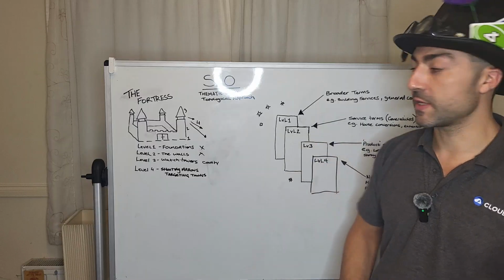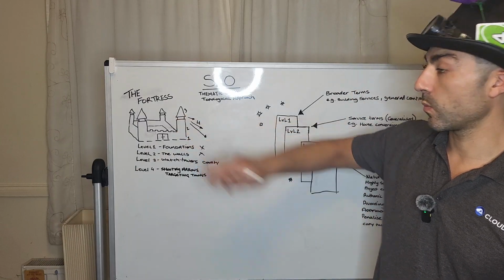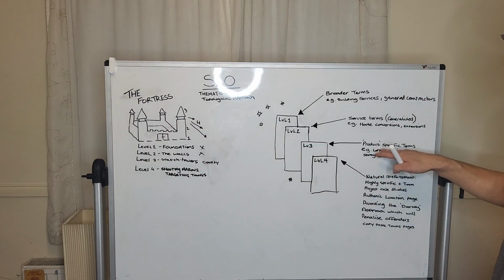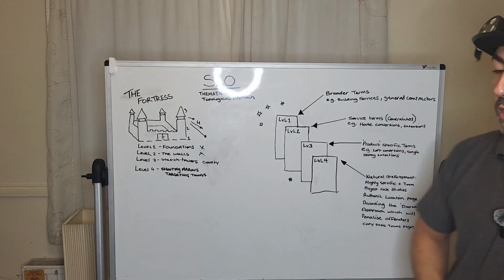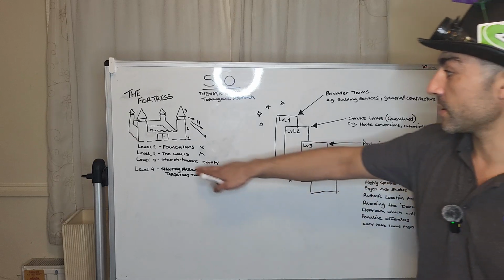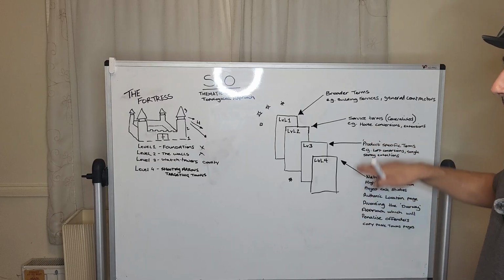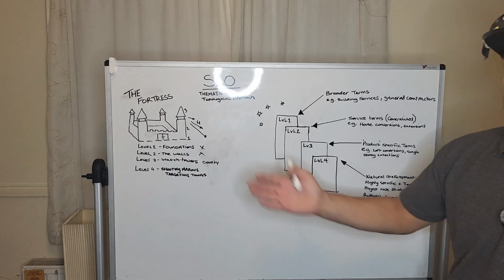You can get more specific, which is where we go with our level 3 pages, which represent our watchtowers on our fortress. So these are your product specific terms. So say, for example, on your level 2 pages, the walls, you've used landscaping, bricklaying, and extensions.